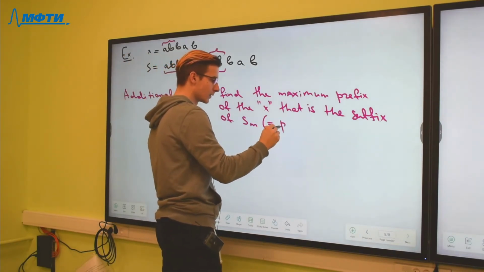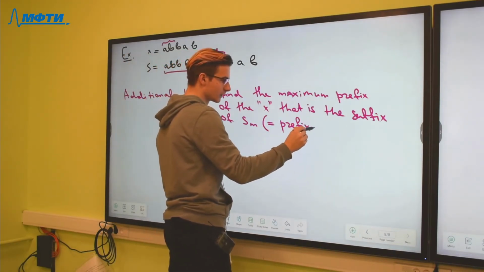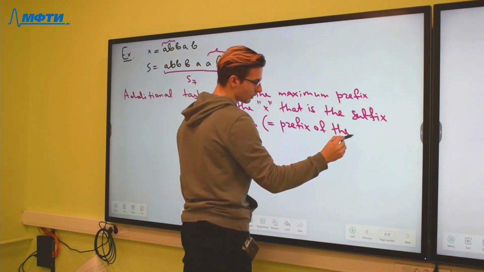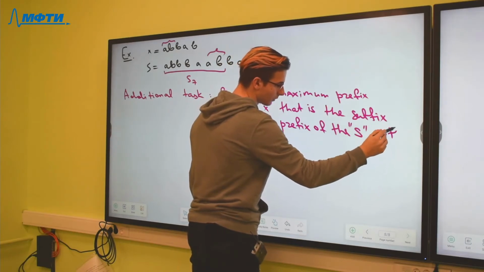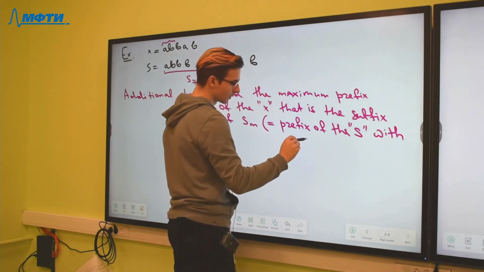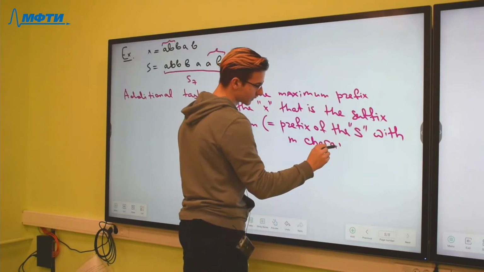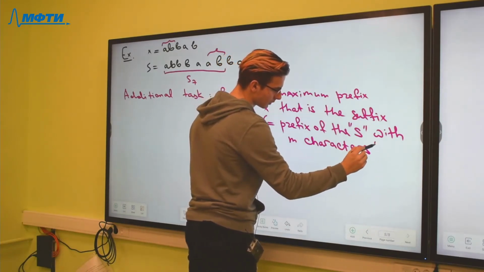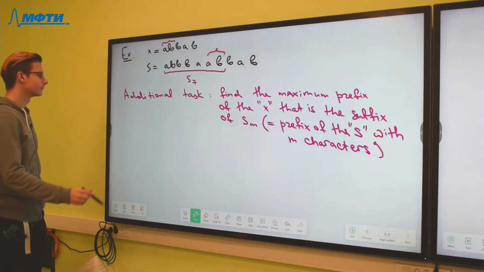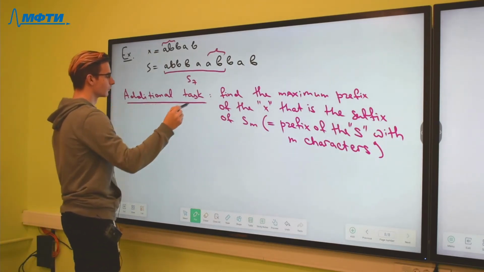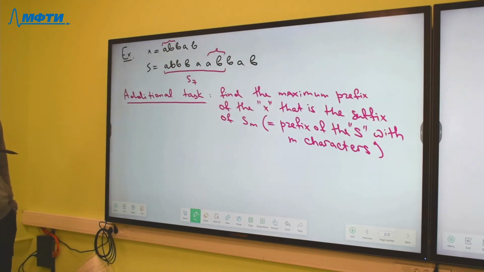It is the prefix of s with m characters. So, how to find it?